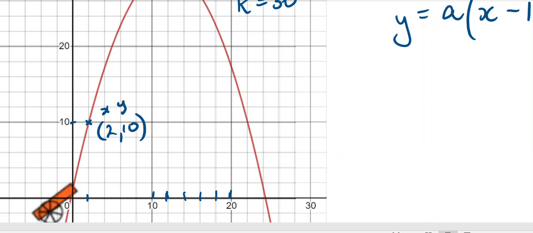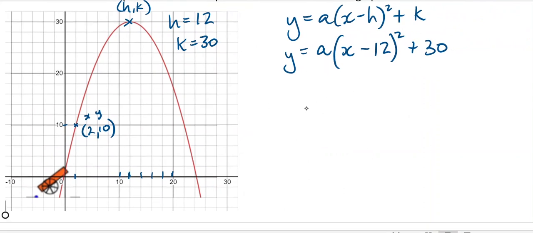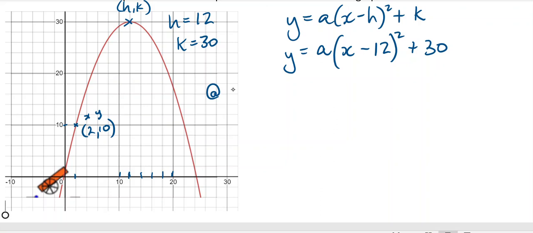Now that tells us an x and y value that is going to be on here. So basically we're going to substitute in, at 2, 10, x being 2, y being 10, to work out the a value.